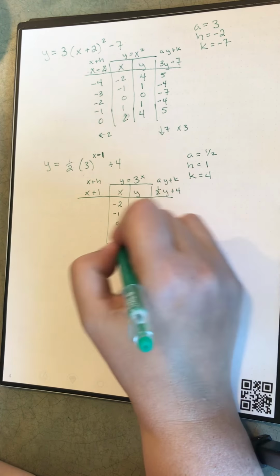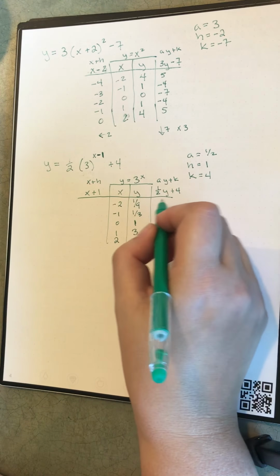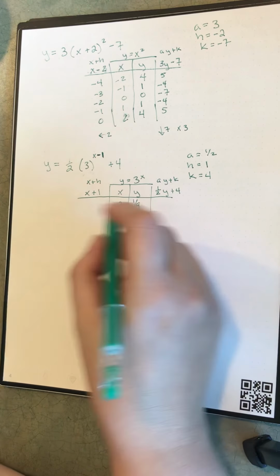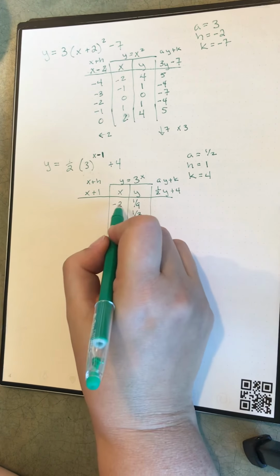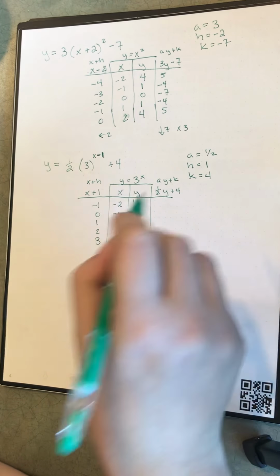So negative 1 is going to be 1/3 because it's the inverse of 3, and negative 2 is going to be 1/9 because it's the inverse of positive 9. Okay, so now, I gave myself a lot of fun here with these fractions. Alright, so let's start with x. So negative 2 plus 1 is negative 1, negative 1 plus 1 is 0, 1, 2, and 3, just adding 1 to each of those.